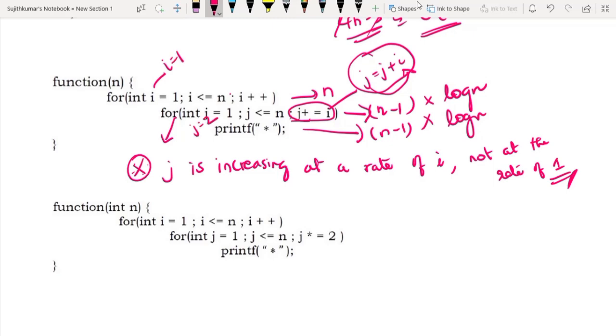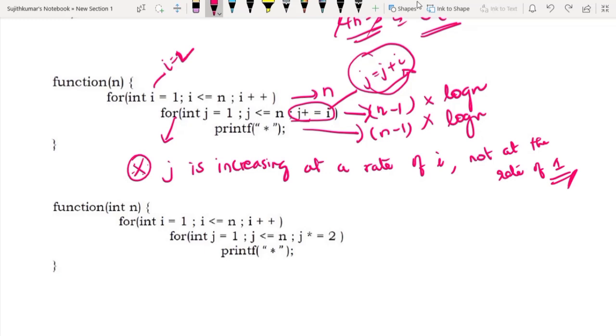When i becomes 2, then j will be incremented in this manner: 2, 4, 6, 8. Since j depends on i, it will not execute for the whole n times, it will execute only log n times.